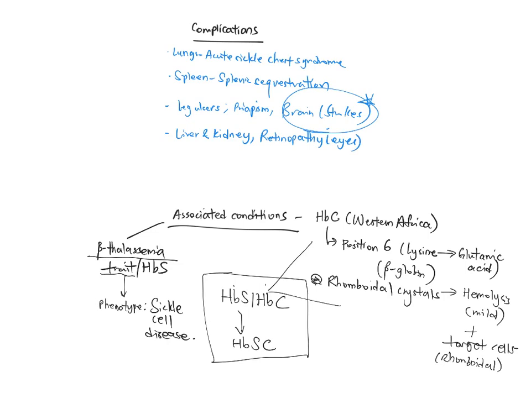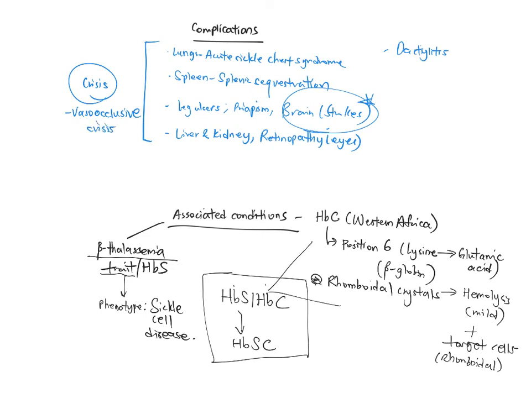It's also important to note the dactylitis, where microinfarctions of the bone could result in swelling of the digits and very painful digits as well. And this can all be classified as a form of a crisis, in particular a vaso-occlusive crisis.